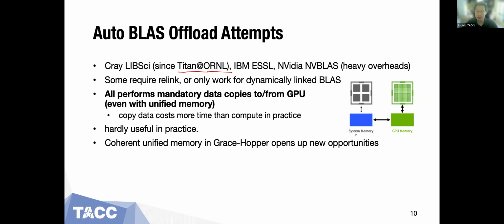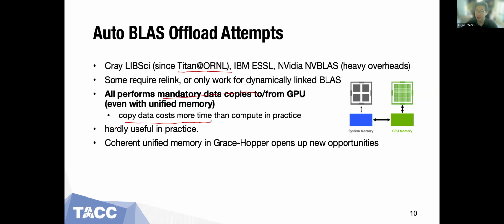So as I said, on the conventional GPU architecture, whatever you do with the GPU, you have to copy data from the CPU to GPU, and after calculation, you have to copy the data back. So all these tools have to perform mandatory data copies to and from the GPU for every BLAS calculation. And oftentimes, copying data costs more time than doing compute.